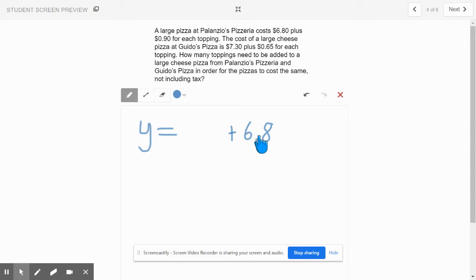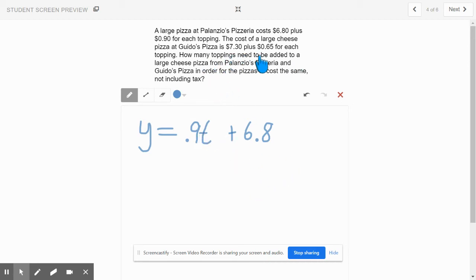So it's going to be $6.80 plus, what is it, 90 cents per topping. So I'm going to put 0.9, which is the same as 90 cents, right? And 6.8 is the same as 680, okay? And instead of putting x, I'm going to put a t there, okay?